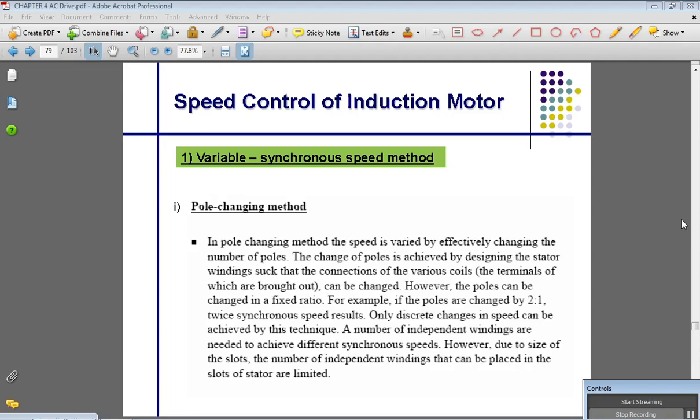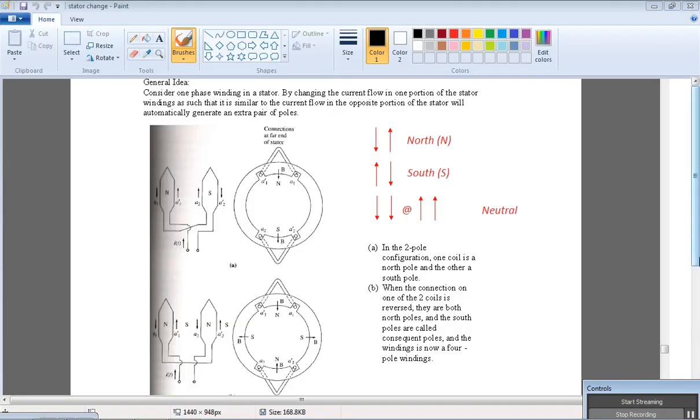To understand this, let's look at this figure of a single phase winding in a stator. By changing the current flow in one portion of the stator winding such that it is similar to the current flow in the opposite portion of the stator, an extra pair of poles is automatically generated.